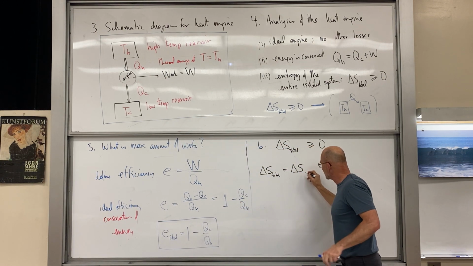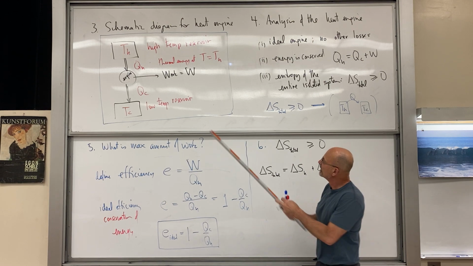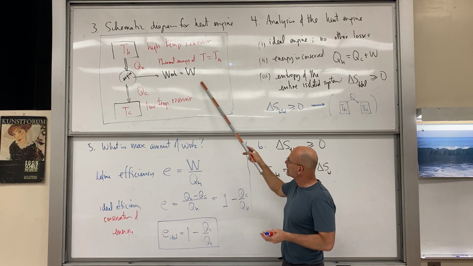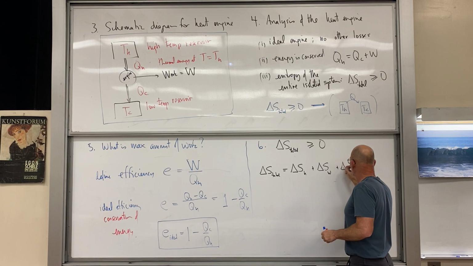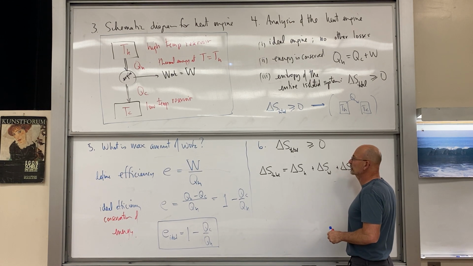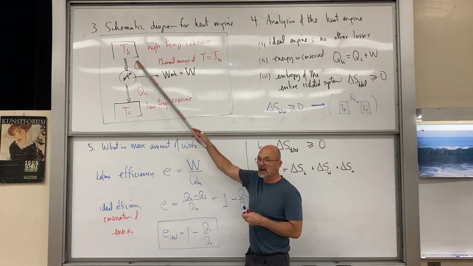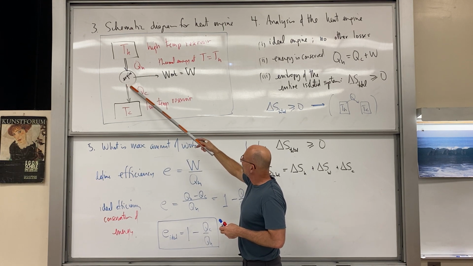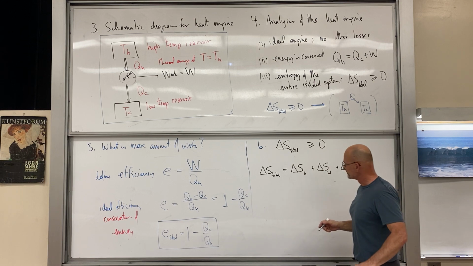Let's call it for the H. Then there's delta S for the work, because that's another process that's going on, the cyclic work process. And then there's delta S for the Q sub C, so I'll call that C. So those are the three places where we can have a change of entropy: the energy being given off from the high temperature reservoir, energy doing its work, energy being given to the low temperature reservoir.